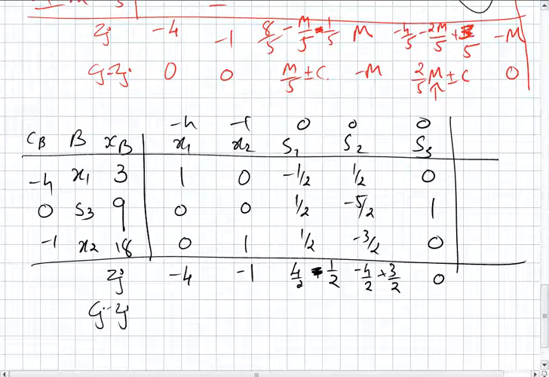Cj minus Zj is 4 minus 4 minus minus 4 is 0, minus 1 minus minus 1 is 0. Here it is 3 by 2, and that is 0 minus 3 by 2 is minus 3 by 2. Here it is minus 1 by 2, minus 4 by 2 plus 3 by 2. So it is minus 1 by 2.